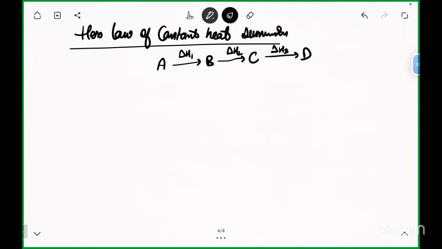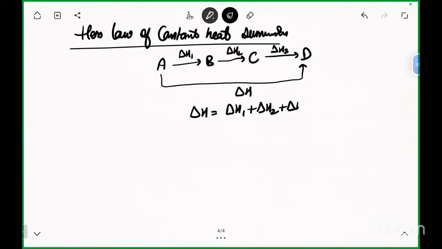And in another process A is directly forming D, that is delta H. So according to Hess's law, delta H is equal to delta H1 plus delta H2 plus delta H3. It means whether the reaction occurs in a single step or in multiple steps, the amount of heat, the amount of enthalpy, will remain the same.